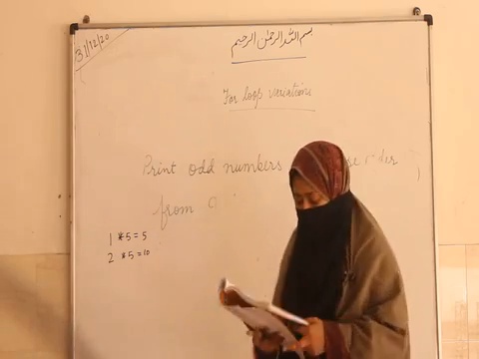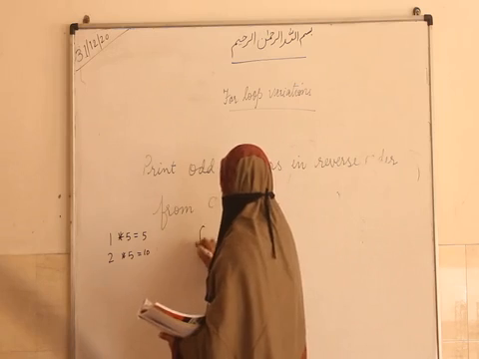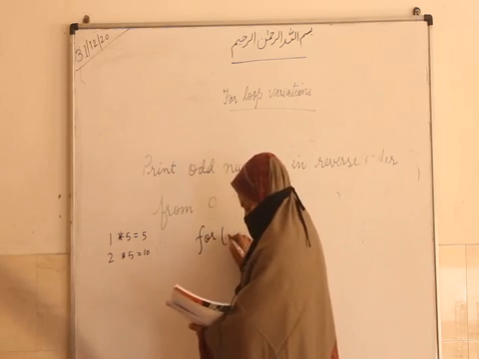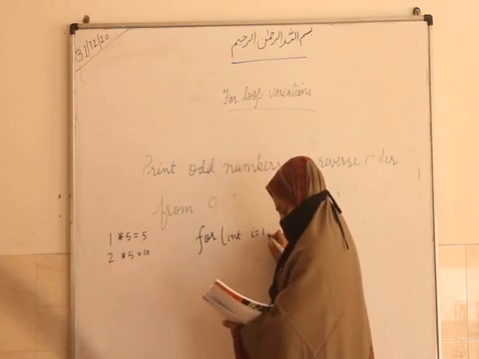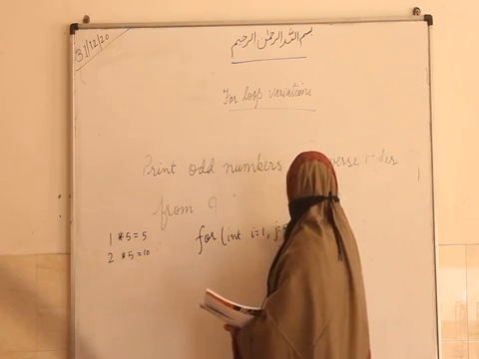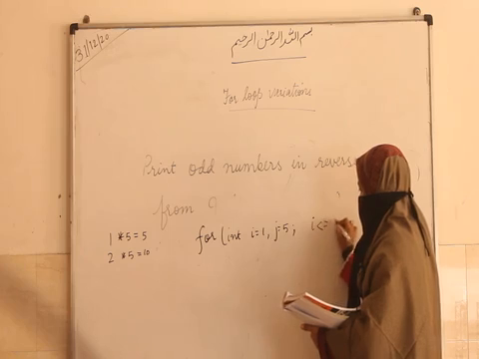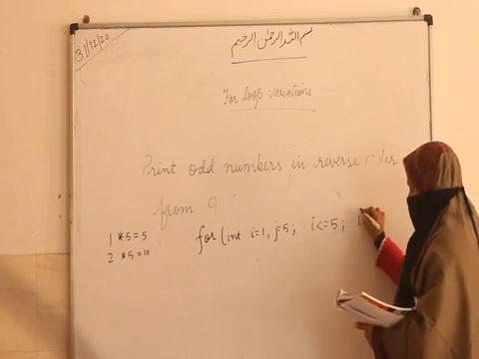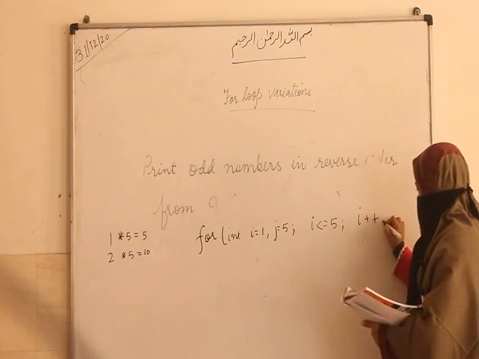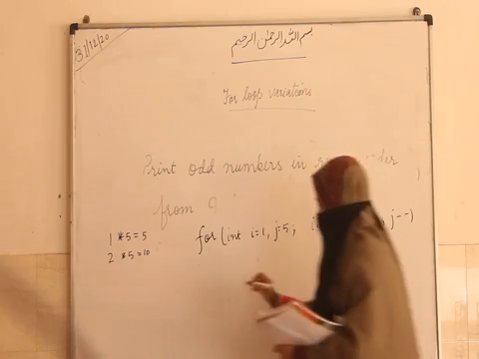So I am writing this code and tell me the output of this. For int i equal to 1, j equal to 5, i less than or equal to 5, i plus plus, j minus minus. This kind of example we do.